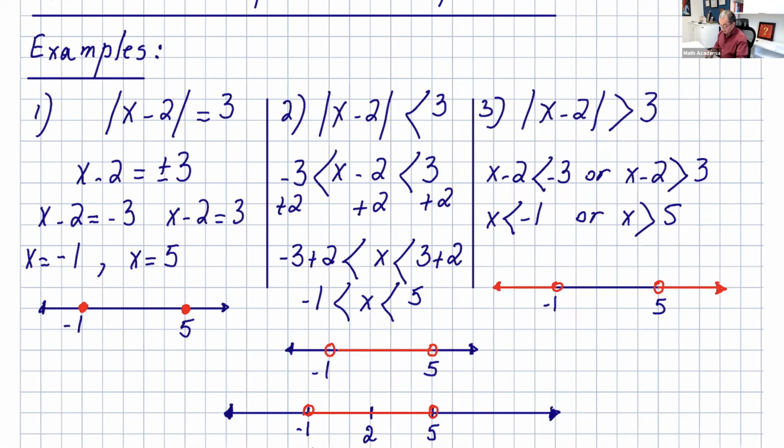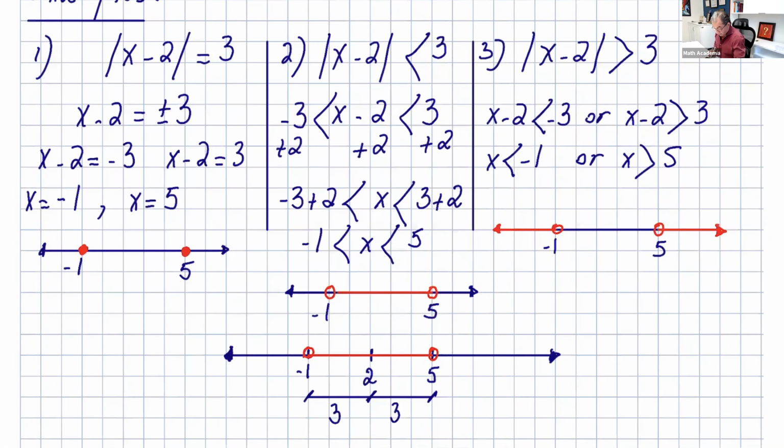So negative 1 and 5, same numbers as we noticed, but the solution of this inequality is going to be outside of these numbers. Any number you pick here or here will be a solution of this inequality. For proving limits, we're going to concentrate on the middle one. That's what you need to be very familiar with.